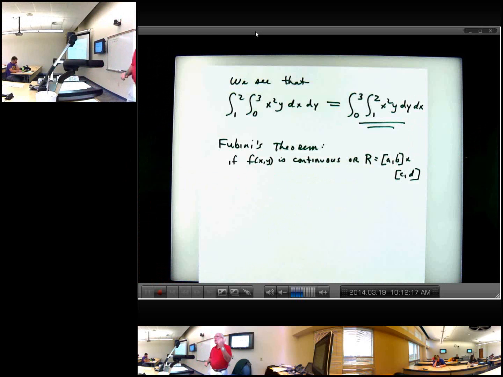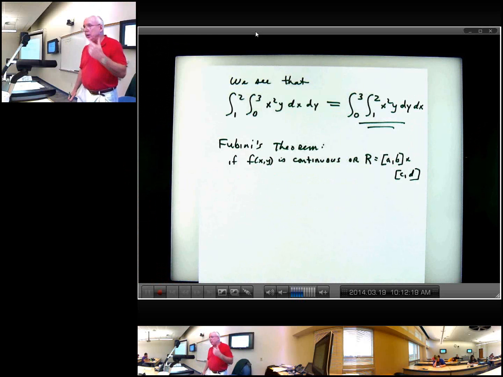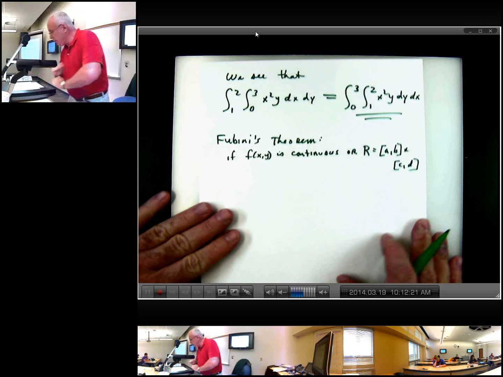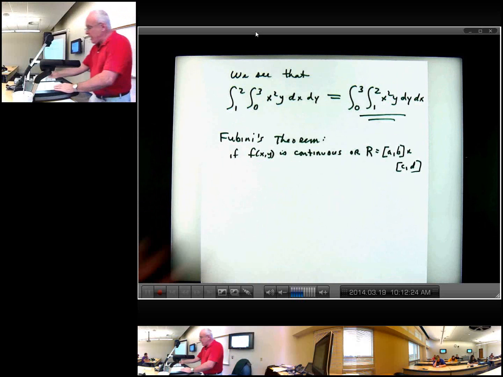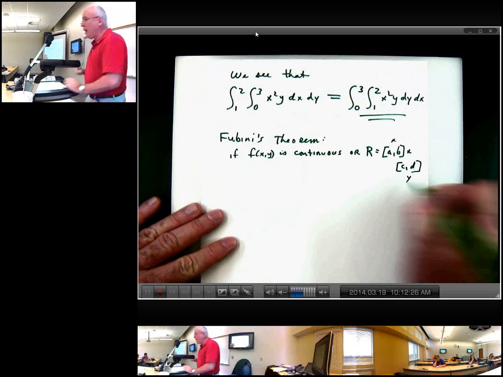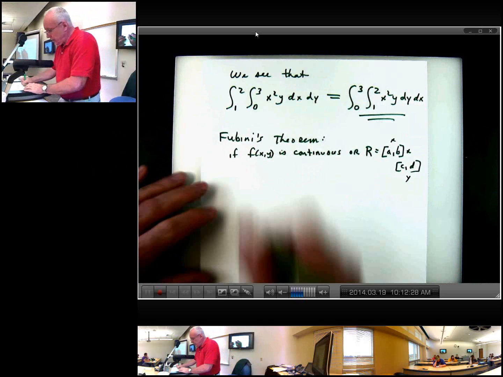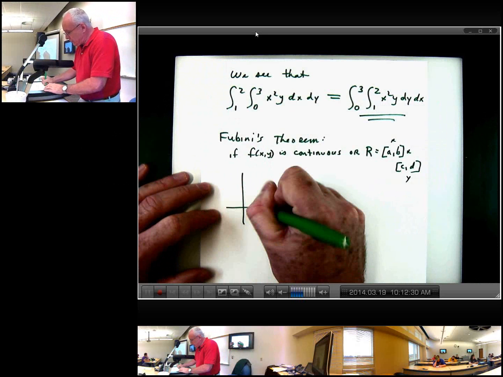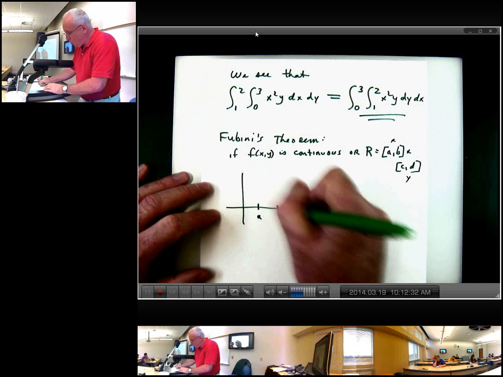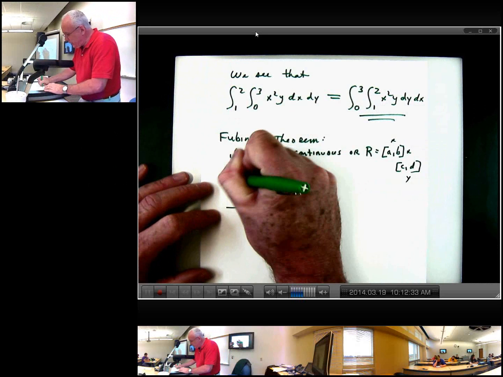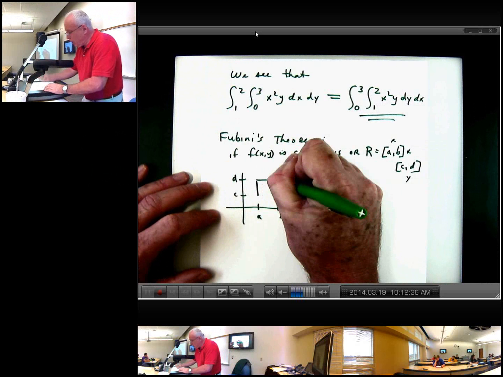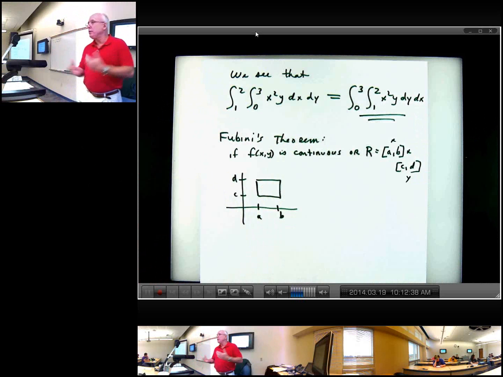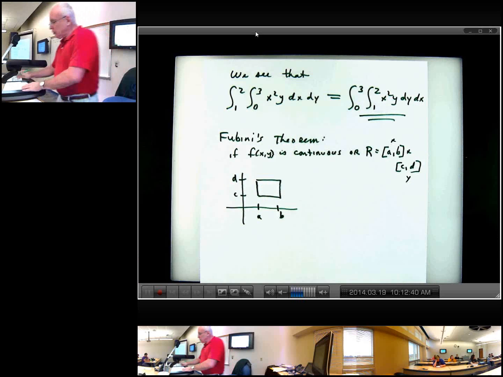So that's notation that we introduced the last time for those of you who weren't here then, that this means x is going from A to B, y is going from C to D. If we look at this, that's why we call it a rectangle. That whole area there is our rectangle. So let's go back to the theorem.